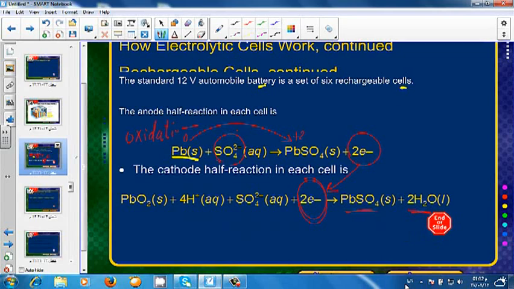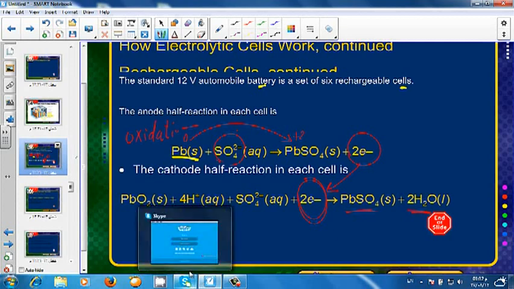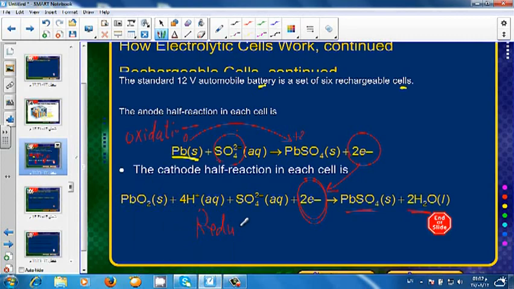So when electrons are gained, we represent this step as the reduction half reaction. The reduction half reaction represents gaining electrons, and it occurs within the cathode half cell.